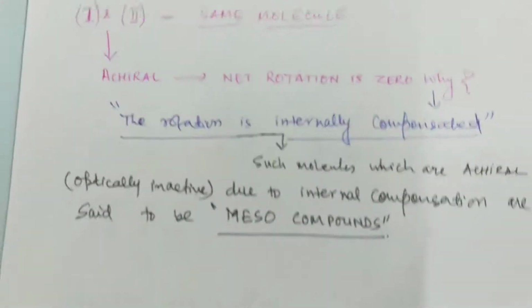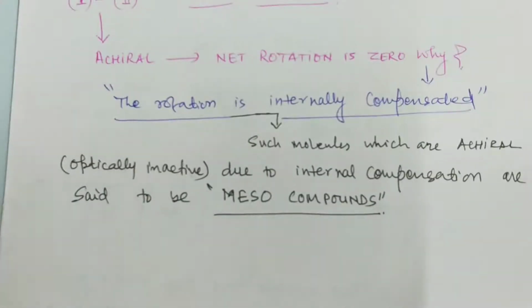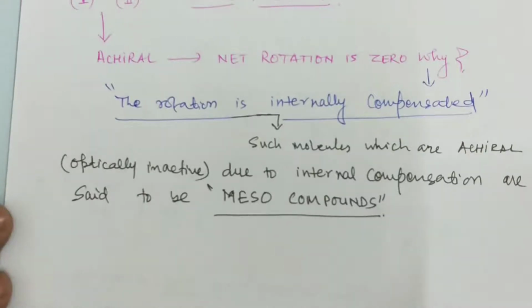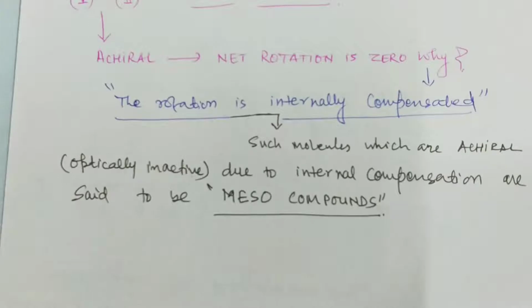So what are meso compounds? Meso compounds are optically inactive, but this optical inactivity is due to the internal compensation.